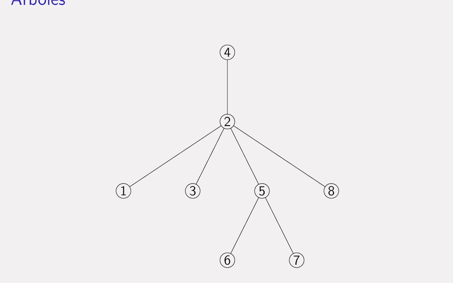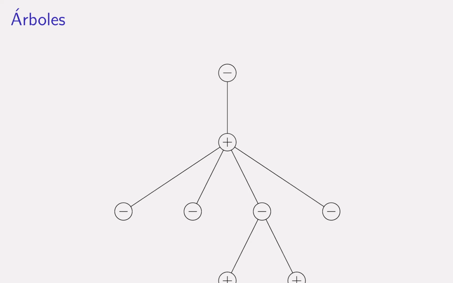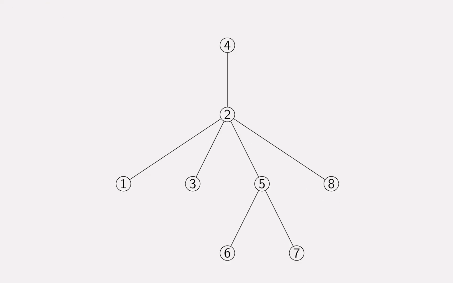So we have a covering of the graph. So it's going to be like 1, 2, 4, 3, 8, and then 4, 2, 5, 6, and then 2, 5, 7.